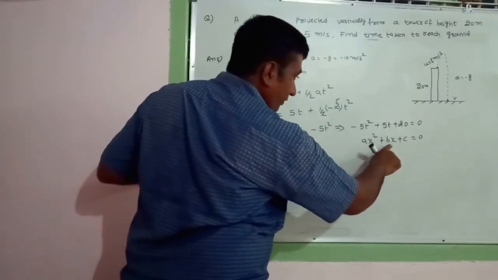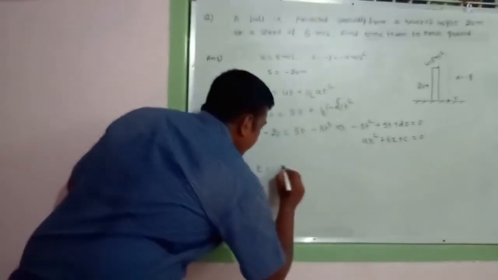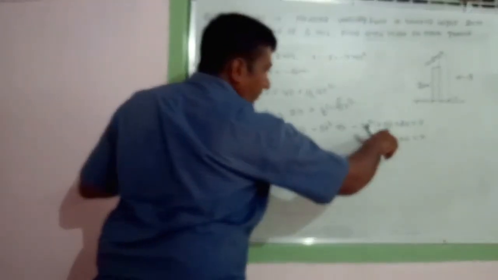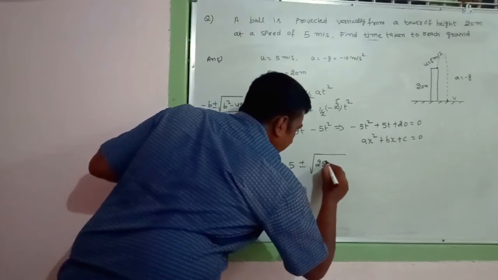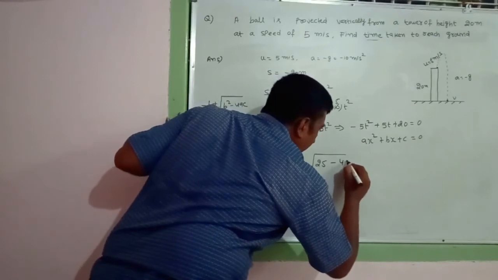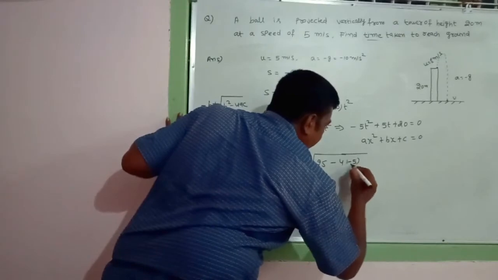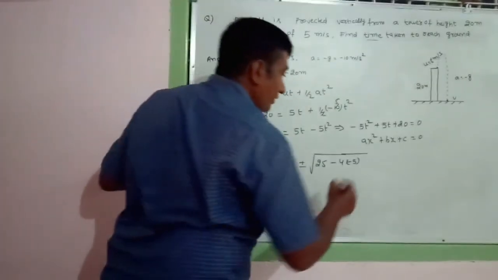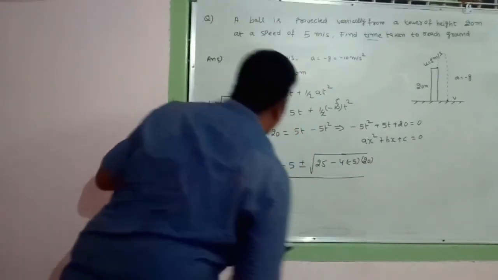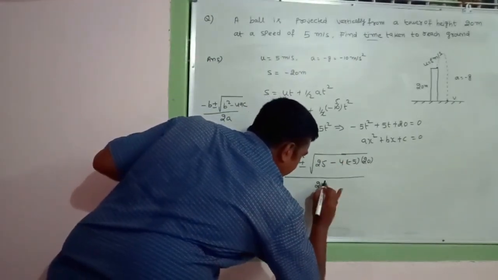Here b is 5, so it is minus 5 plus or minus root of b square, where b value is 5, so 25, minus 4 into a value, which is minus 5, into c value, which is 20, by 2 into a, and 2 into a value is minus 5.